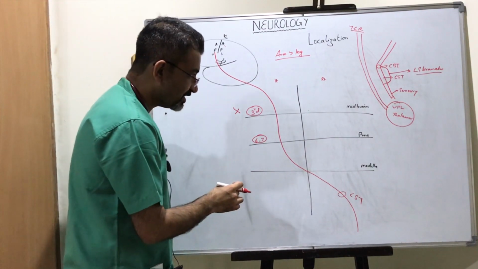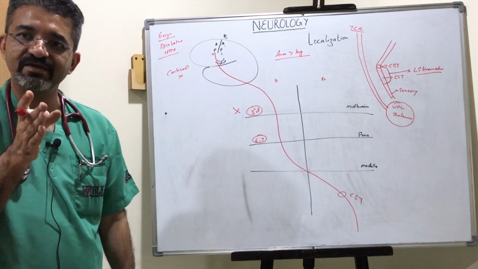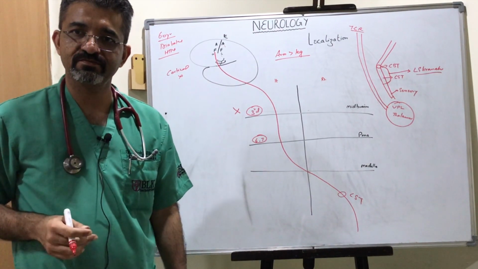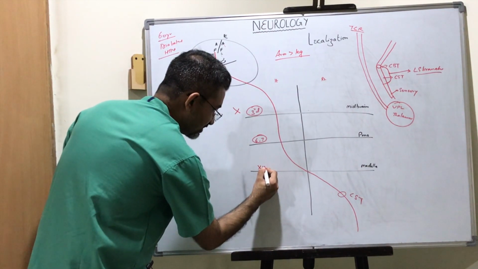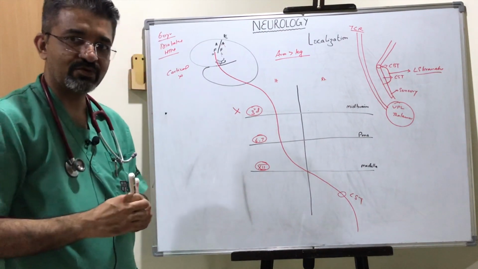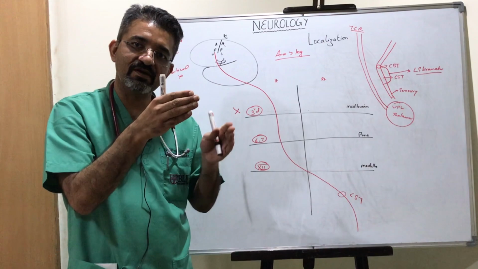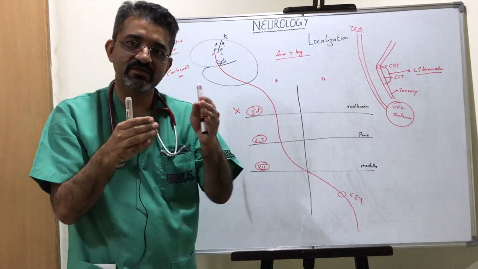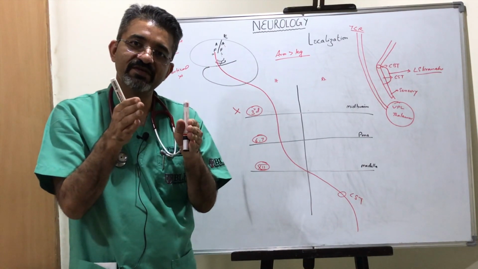Suppose the patient tells you that when he takes out his tongue from his mouth, the tongue deviates towards the left side. That means you have involvement of the 12th nerve, which is in the medulla. See, the right 12th nerve will push the tongue towards the left, the left nerve will push the tongue towards the right. So if I lose my left nucleus, my tongue will deviate towards the left side.